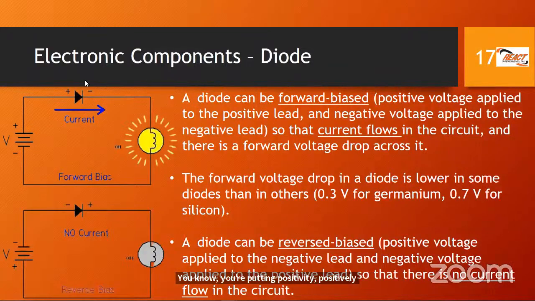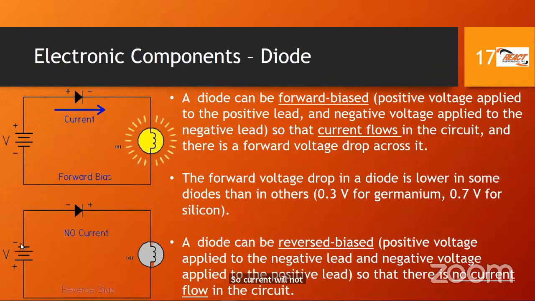That's a forward biased diode. However, if you apply it in the opposite way, you apply the negative voltage to the positive of the diode and the positive to the negative, and this will not flow, right? So current will not flow in a reverse bias condition.